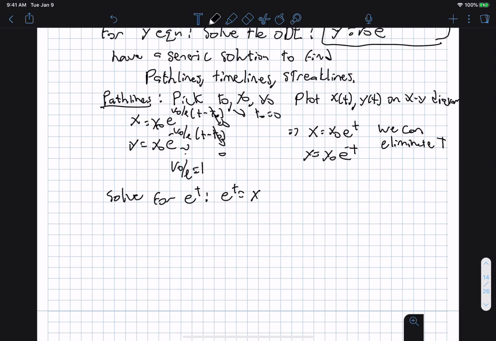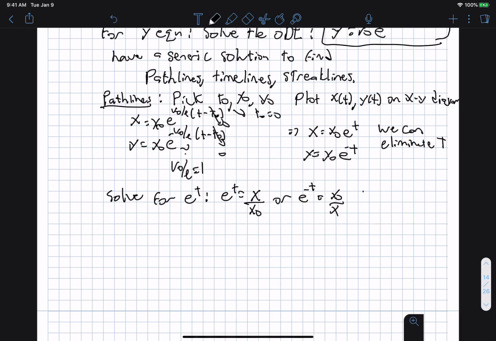We'll just pick x equals x naught e to the t, so e to the t equals x over x naught, or e to the minus t equals x naught over x. So why did I do that? Well, now we have e to the minus t in terms of x and x naught. We can take that and stuff that into our y equation here.